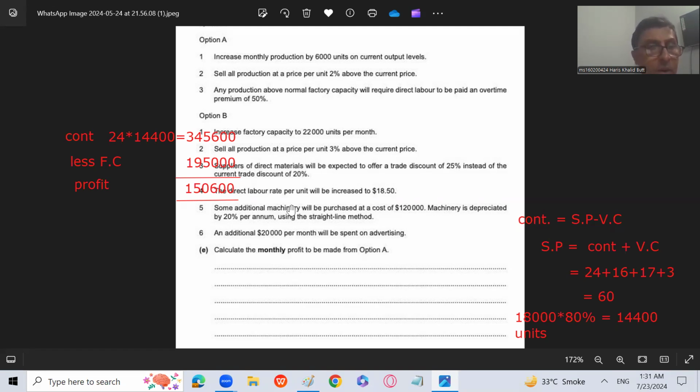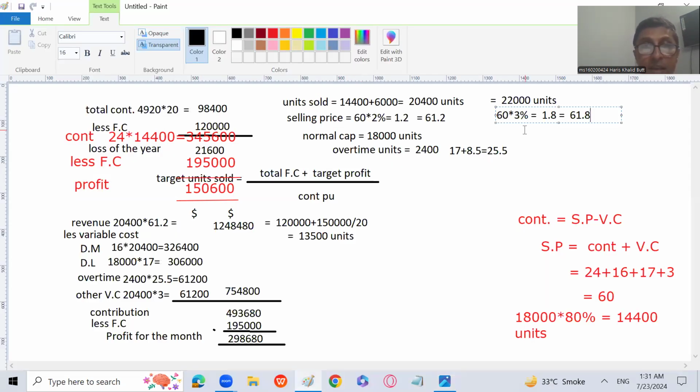We'll discuss it later on. Direct labor rate per unit will be increased to 18.5. So it was 17. Now it is going to be 18.5. Direct material, we will discuss later. Direct labor is going to be 18.5 rather than 17.